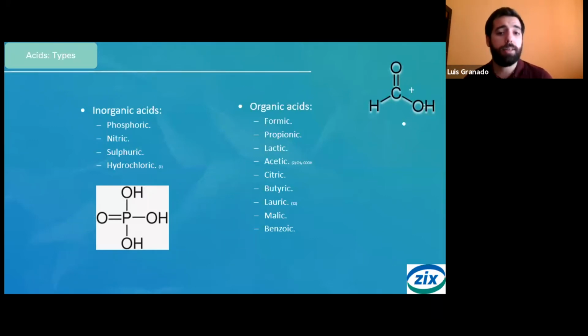Within the organic acids, normally we will find formic, propionic, lactic, acetic, citric, butyric, lauric, malic, and benzoic, but there are plenty of them more, okay? But these are the ones that we will normally find in our field. They are weak acids, and we will explain them later on as well.